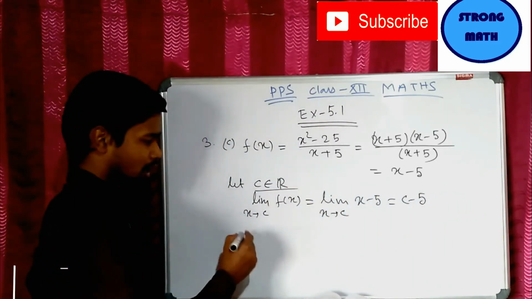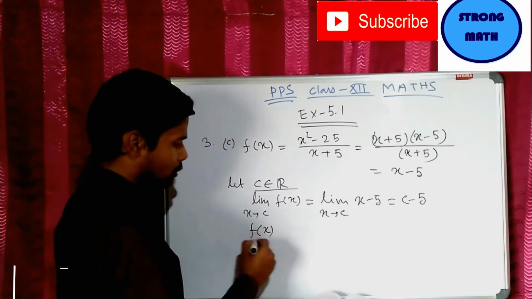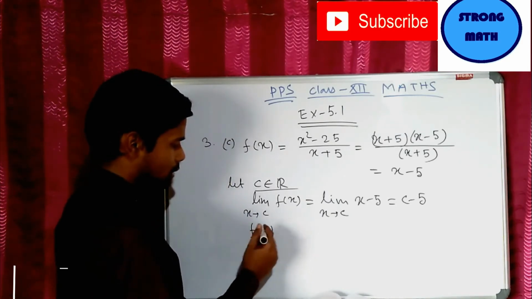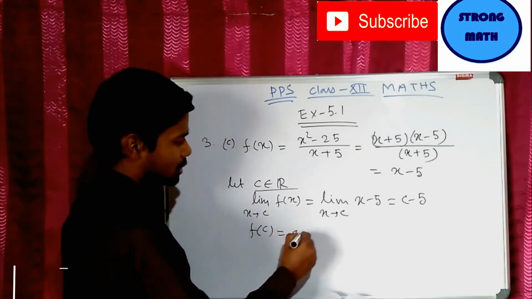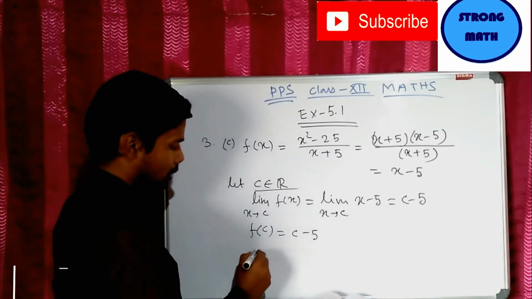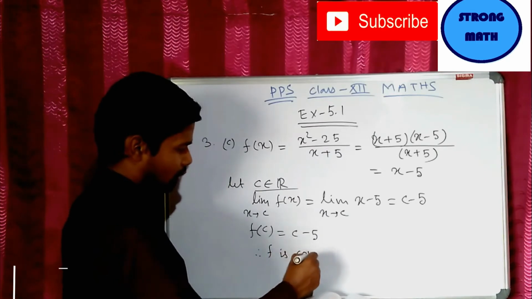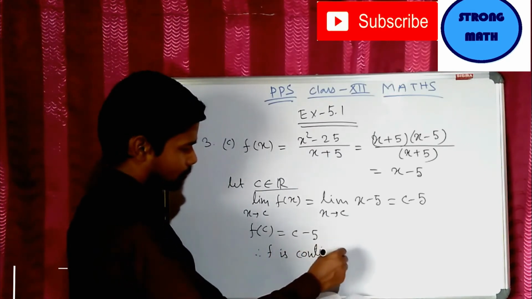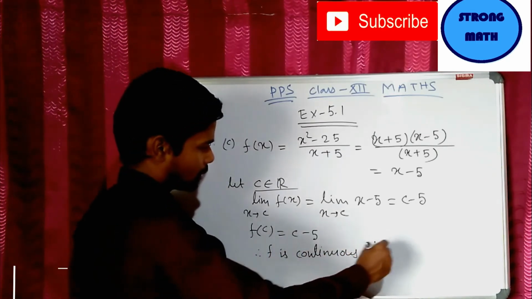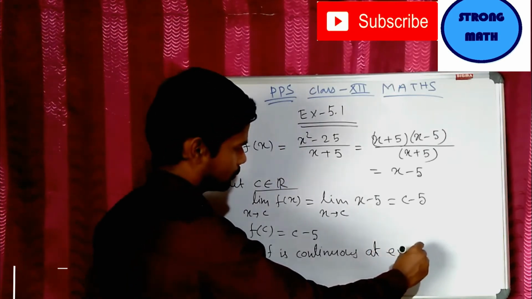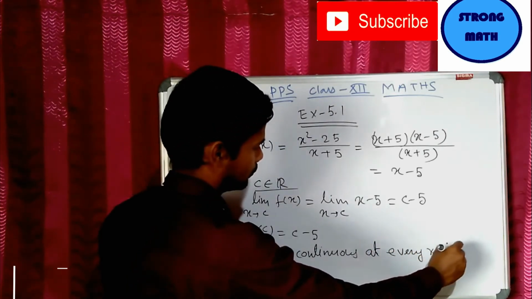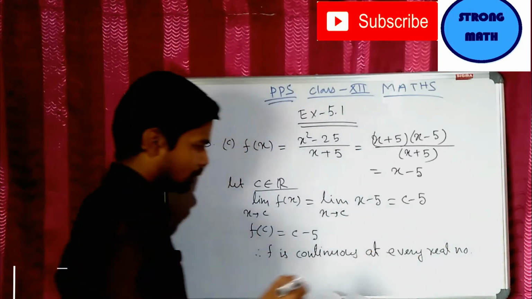C is any real number. Now what is the functional value at C? That is f of C equals C minus 5. Both are equal. Therefore, the given function f is continuous at every real number.